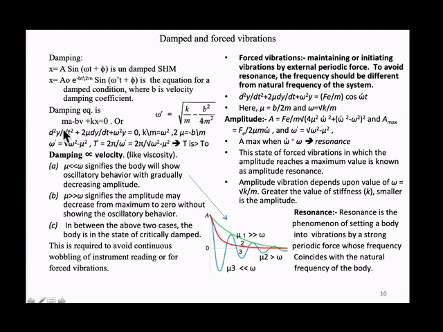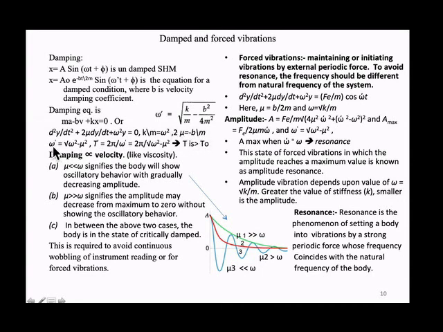If I convert this, d squared y by dt squared plus 2 mu dy by dt plus k by m y equals 0. Here b by m comes as 2 mu, and k by m is omega square, so omega square y equals 0. So 2 mu is equal to b by m. Here mu is the damping fraction, mu is b by 2m.